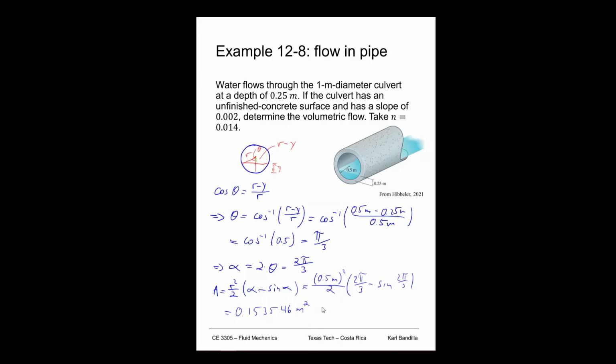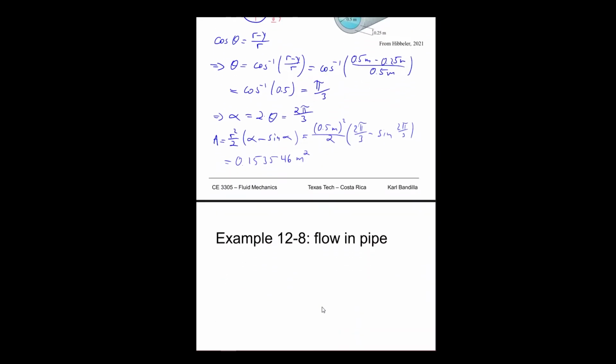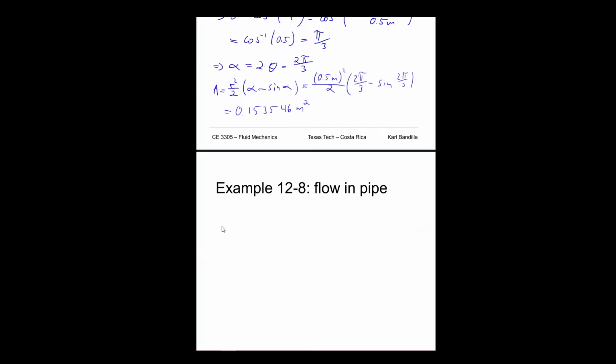So that's our flow area. Now we also need our wetted perimeter. That equation is even easier. P is equal to alpha times r. So for us, 2 pi over 3 times 0.5 meters, which is 1.047198 meters.